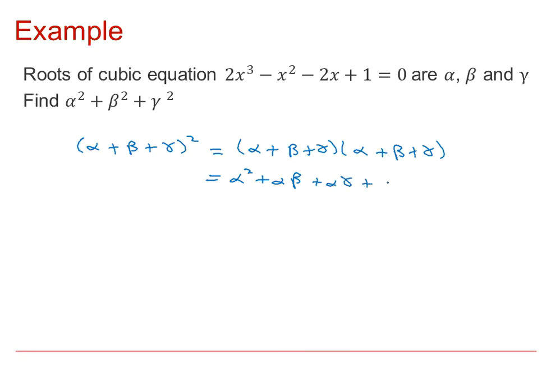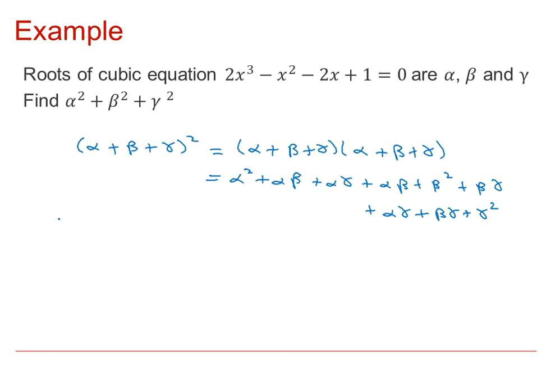Then there'll be an alpha beta plus a beta squared plus a beta gamma, and there'll be an alpha gamma plus a beta gamma plus a gamma squared.